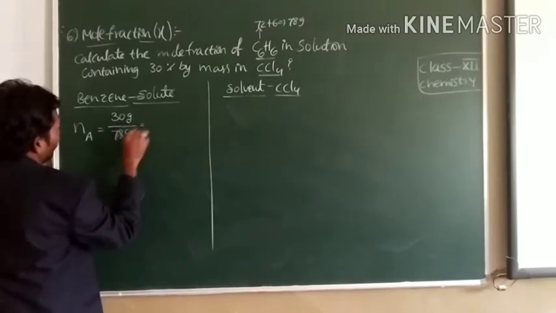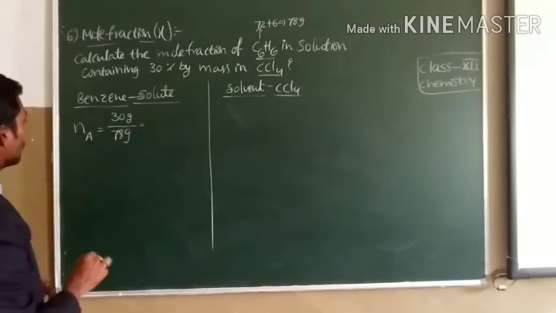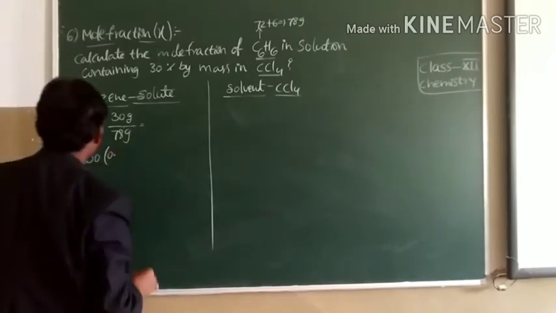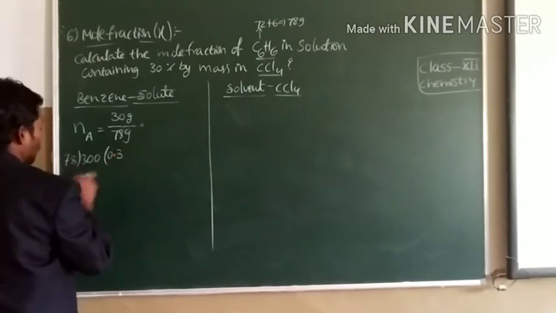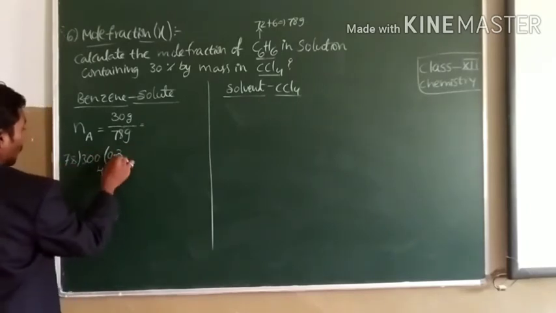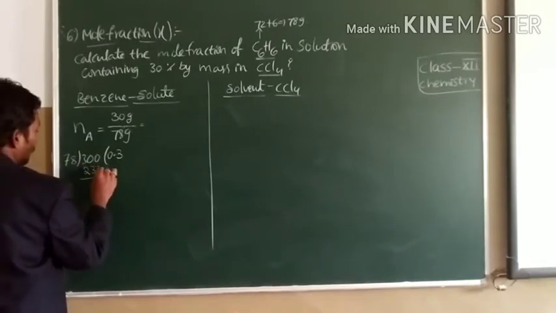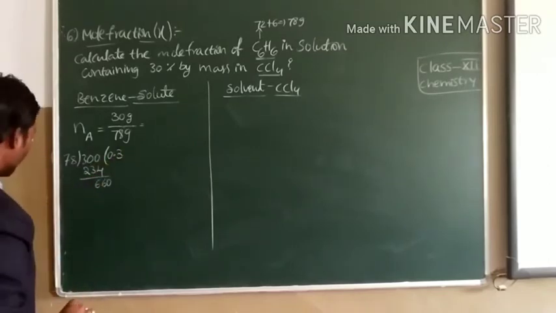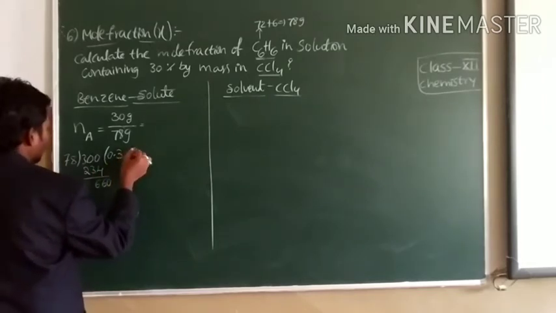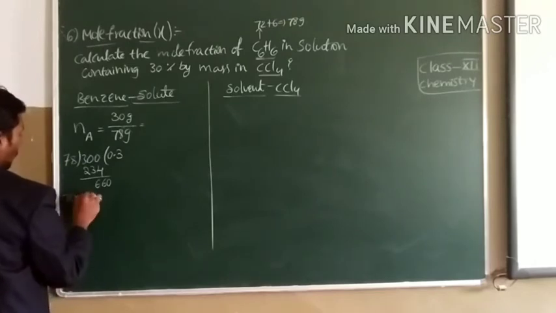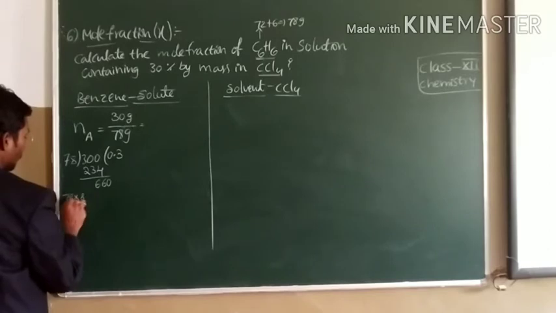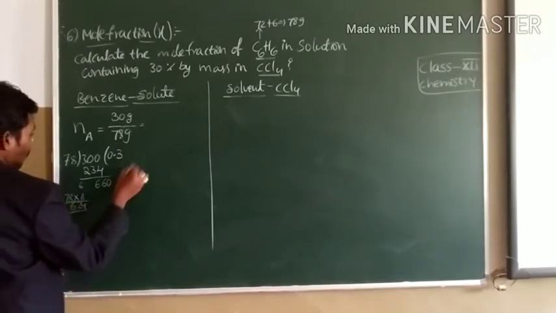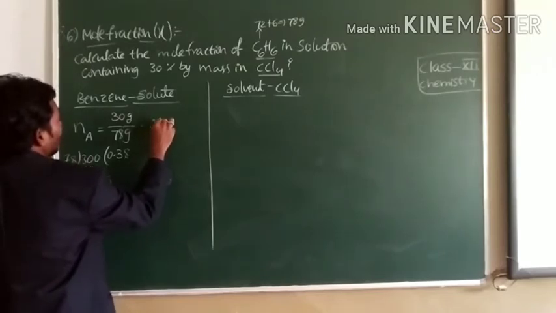If we simplify this, what do we get? 30 by 78. Dividing, we get around 0.38.